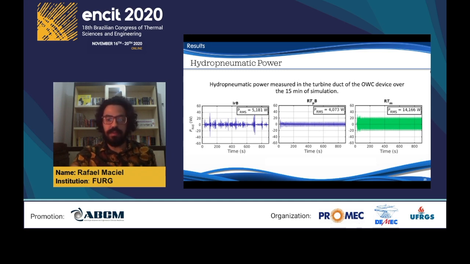The difference between the use of the mean period and the peak period is due to the fact that mean period is, in this case, 3.5 seconds less than the peak period, causing the wave propagation velocity and consequently the free surface vertical velocity to be greater for regular wave with the mean period.